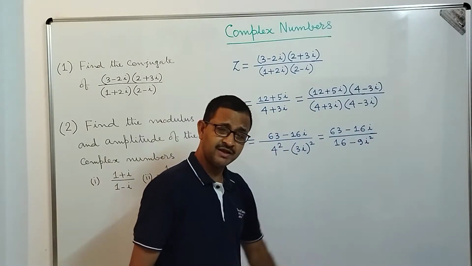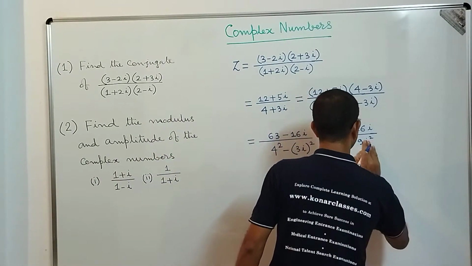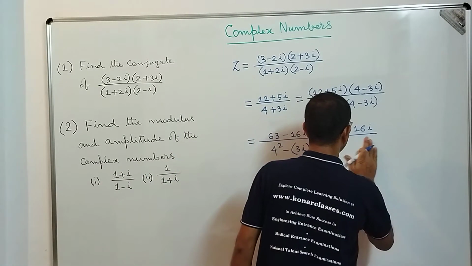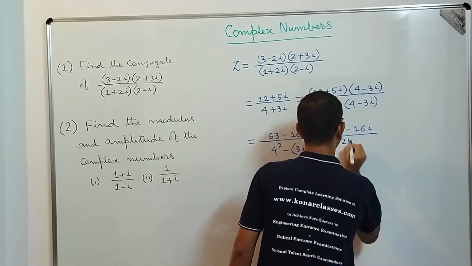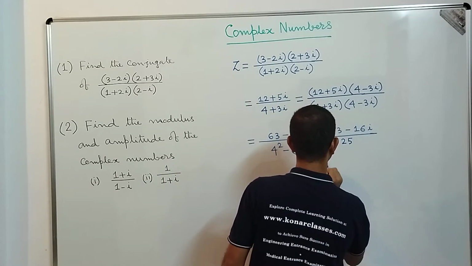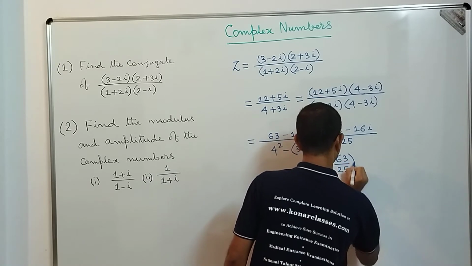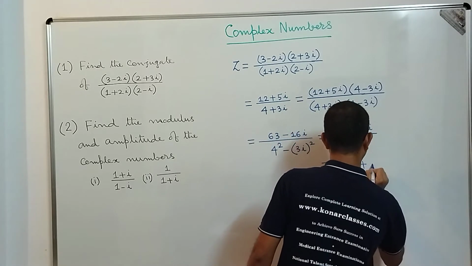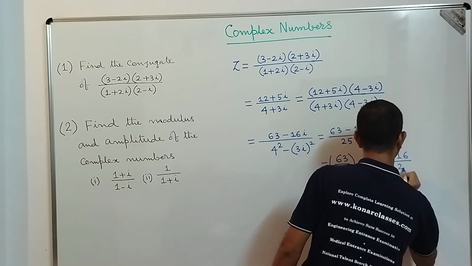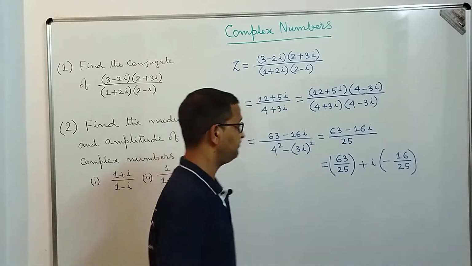Now i square is minus 1, so minus 9 into minus 1 becomes plus 9. 16 plus 9 is 25. So this is equal to 63 divided by 25, plus i into minus 16 divided by 25. So this is z in the form of a plus ib.